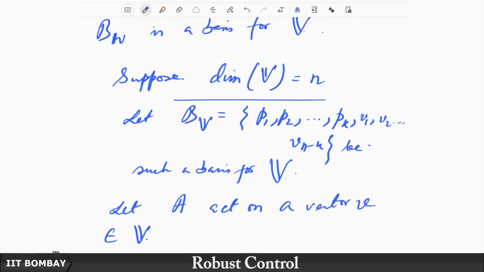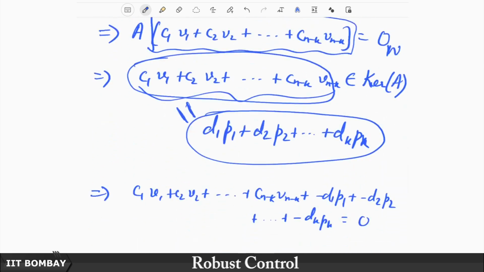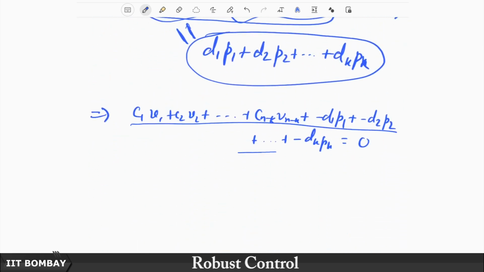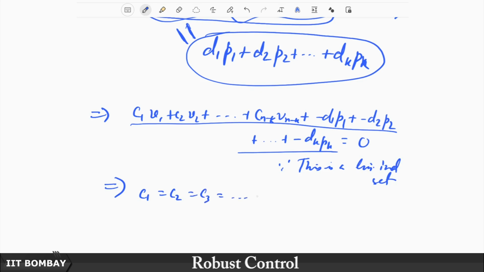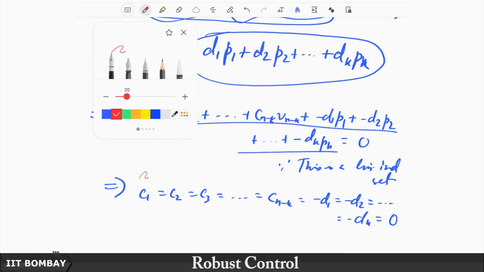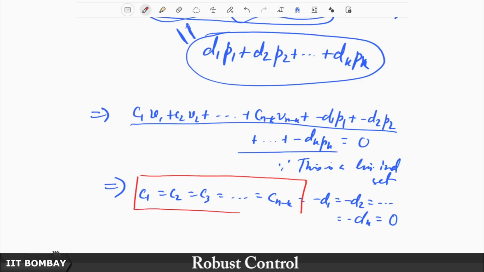Because that is precisely the basis for the vector space V. And because of this fact, since this is a linearly independent set, we must then have c1 equal to c2 equal to c3 equal to dot dot dot till c(n minus k) equal to minus d1 equal to minus d2 equal to dot dot dot till minus dk equal to 0. But I am not even interested in these d fellows, right. All that I am interested in is I have managed to prove to you that all these c's must vanish.